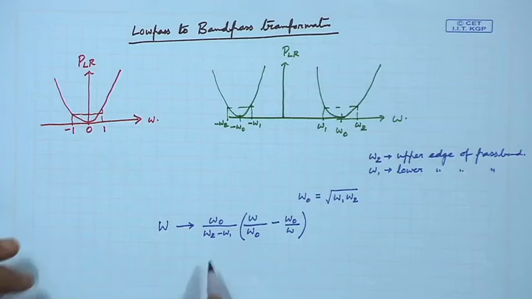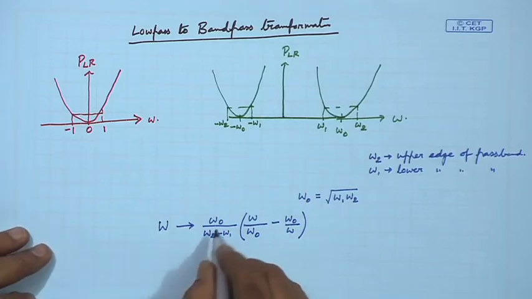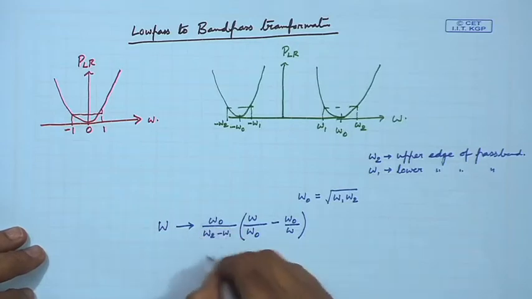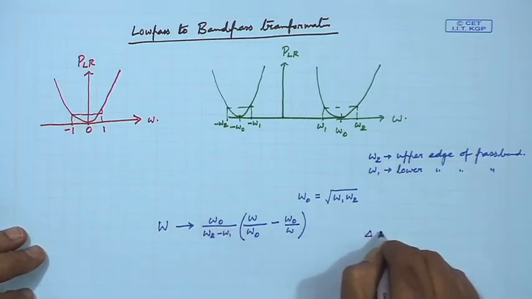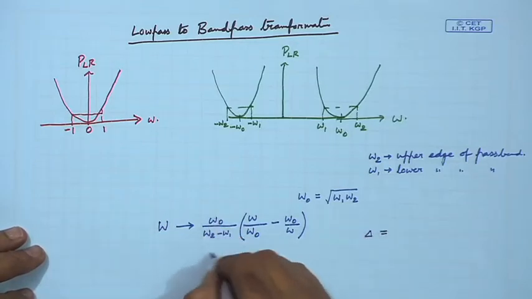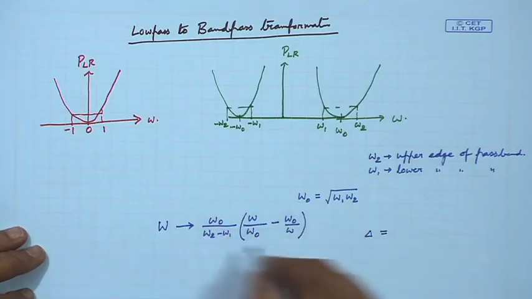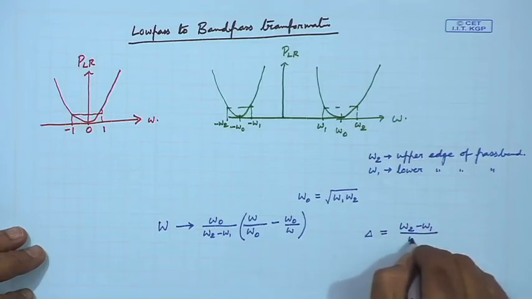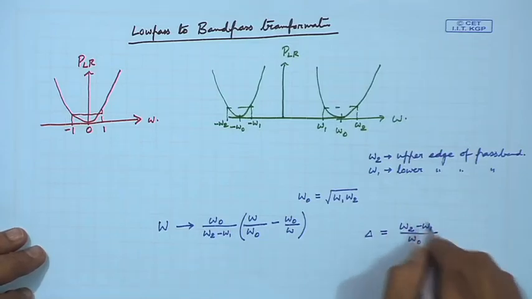Now, you can ask how I got this. Okay, before that let me simplify this a bit. Let us call this term delta, because there is no omega term here, this is a constant. So, let me denote it by a constant. Delta is equal to omega 2 minus omega 1 by omega naught. You know what this is?